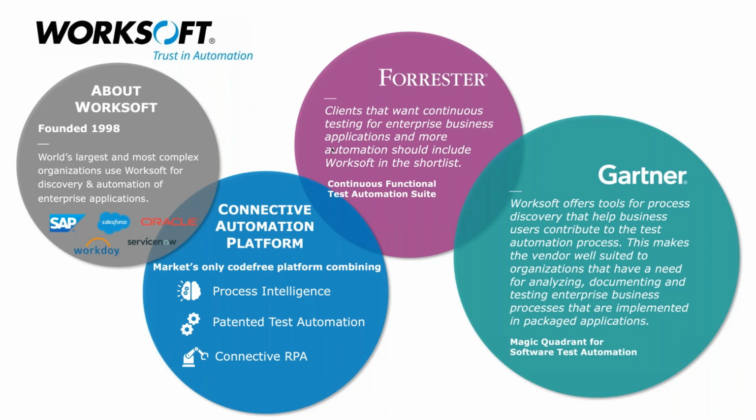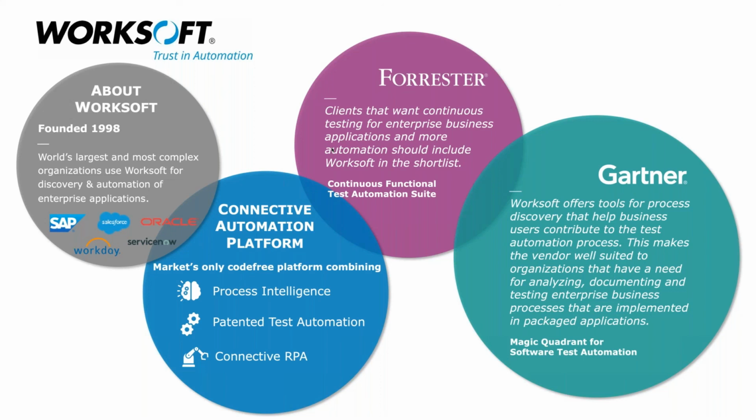And then the platform has evolved in this 4th or 5th generation now that includes process intelligence, test automation, and RPA. And we cover all the major enterprise applications, including SAP, Salesforce, Oracle, Workday, ServiceNow, as well as literally hundreds of custom applications.